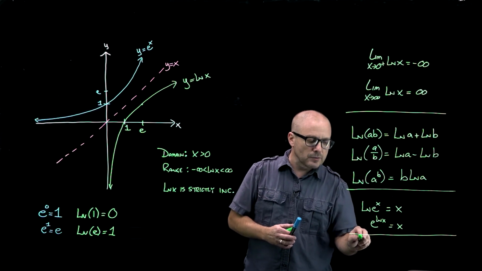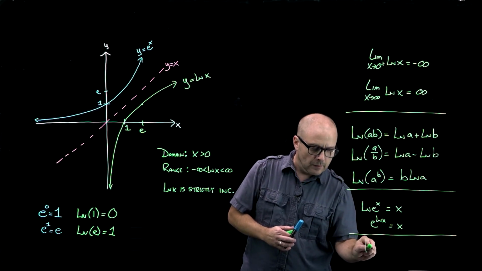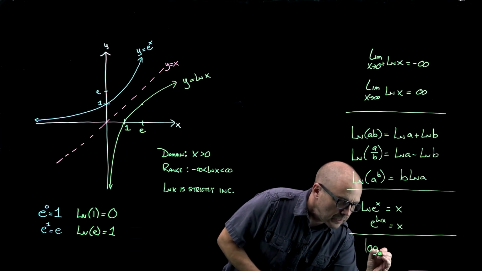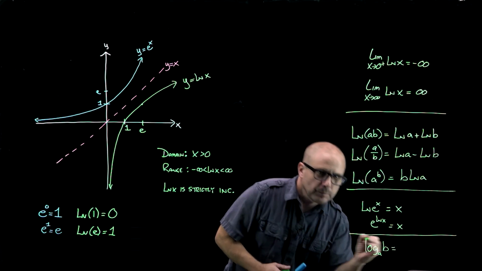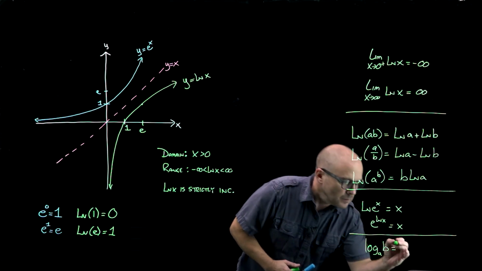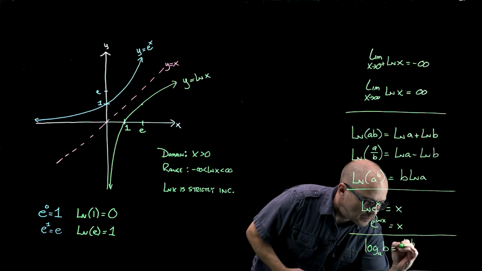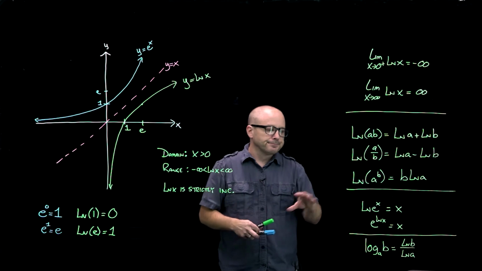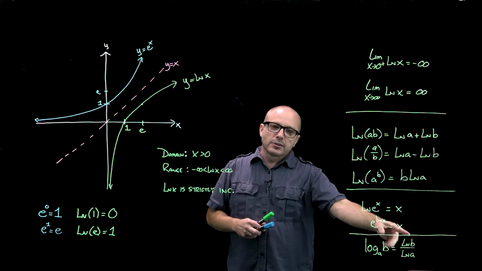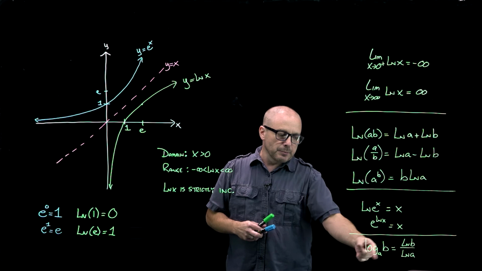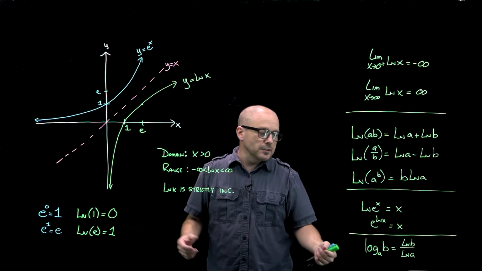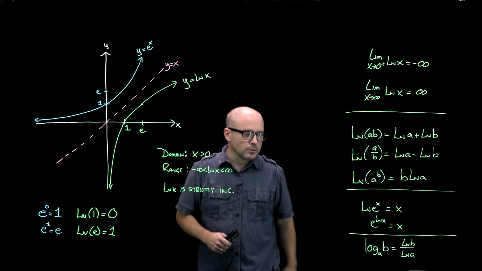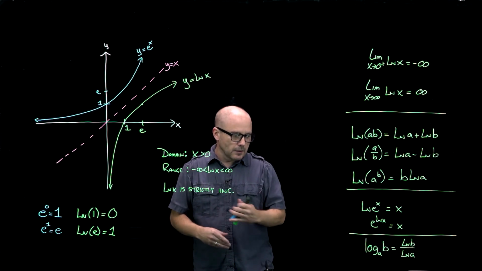So by our change of base formula, the log base A of B is just natural log of B over natural log of A. So we know how to take derivatives of natural log. You could learn a special formula for derivatives of logs of other bases, but the easiest thing to do is whenever you encounter logs of other bases, just convert them into natural logs.